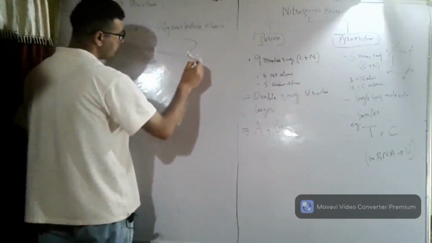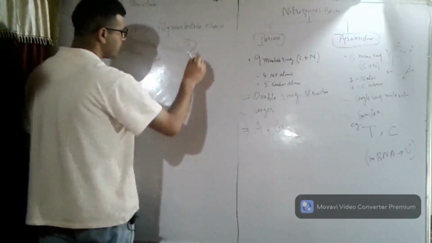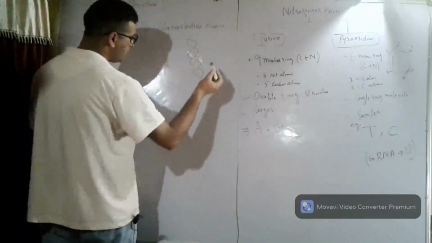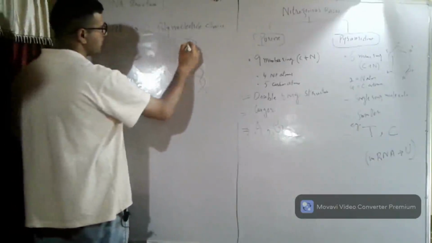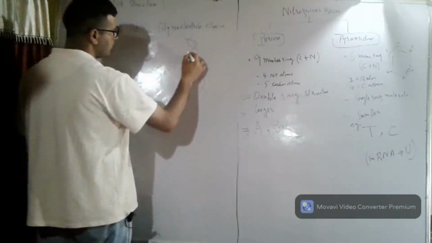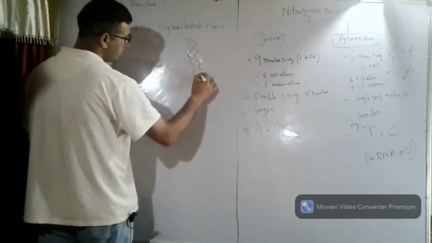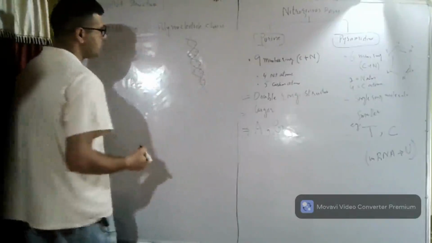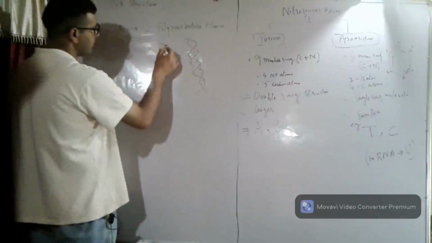This is one polynucleotide chain, and this will be another polynucleotide chain. So these are 2 polynucleotide chains. It would be like this.